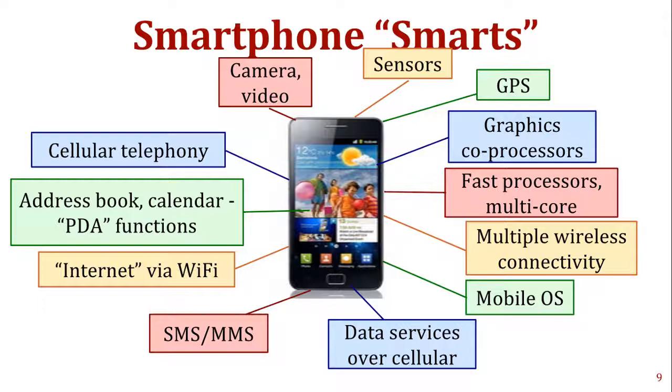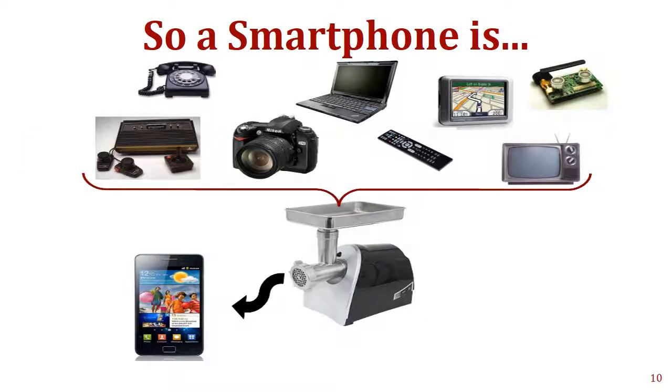These are not all of what a smartphone can do, and in the future, smartphones can probably be even more powerful and smarter. But basically, a smartphone is a mix of camera, telephone, GPS, TV size, and laptop, all mixed together.